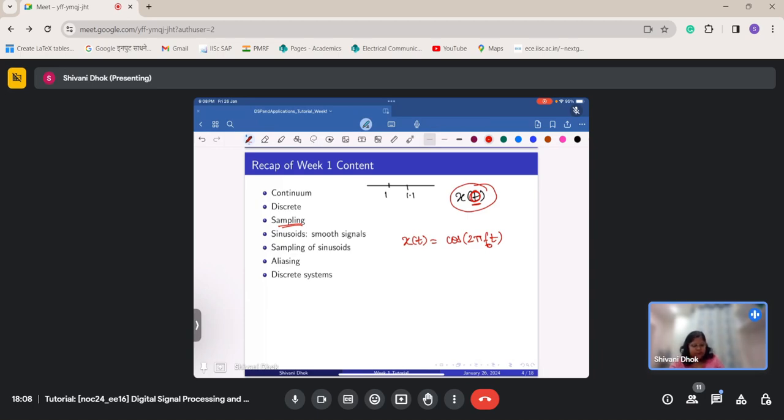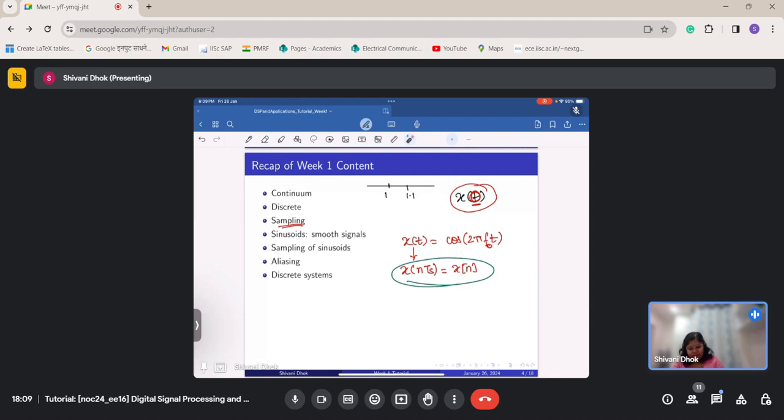And in order to sample this, what we do is we take the sample at every nth instant of the sampling duration. This Ts is the sampling duration, and this we call x[n]. So this is how we get the samples of sinusoids, or rather this is the way we get the samples of any continuous time or continuous independent variable signals.